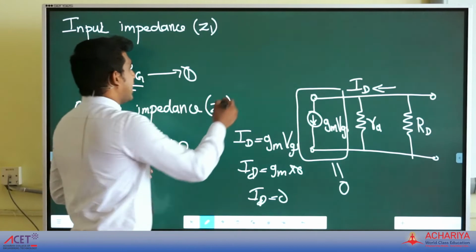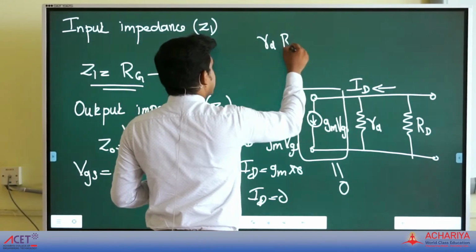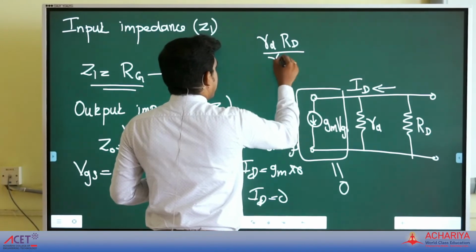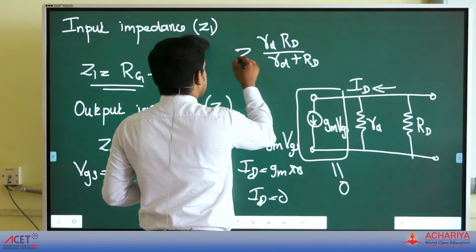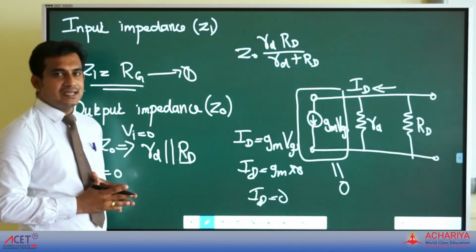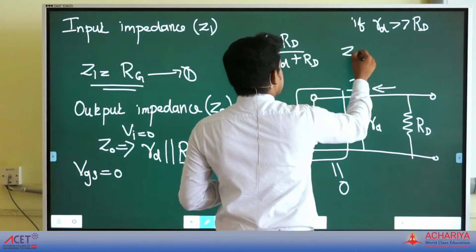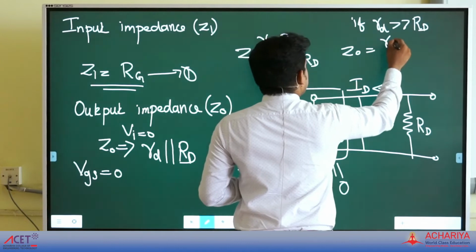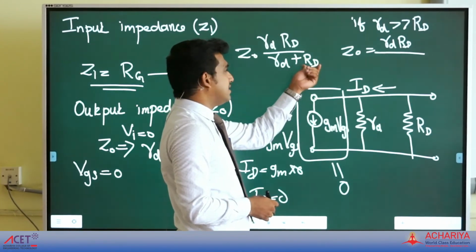We know the parallel combination equation, small RD into capital RD divided by small RD plus capital RD. This is Z0. If small RD is very much greater than capital RD, this equation becomes RD into capital RD, and in the denominator part, we can eliminate this term.